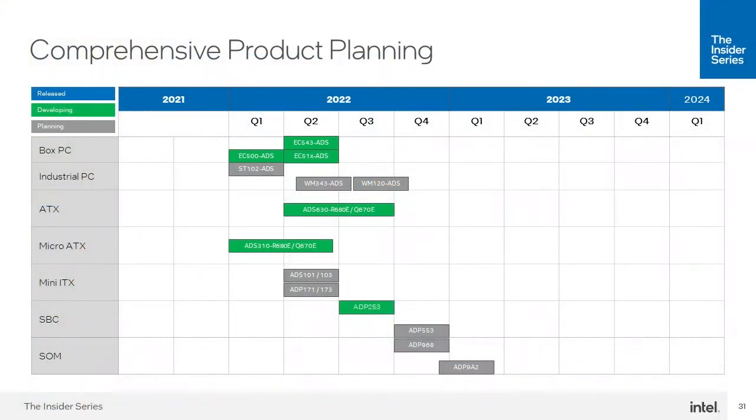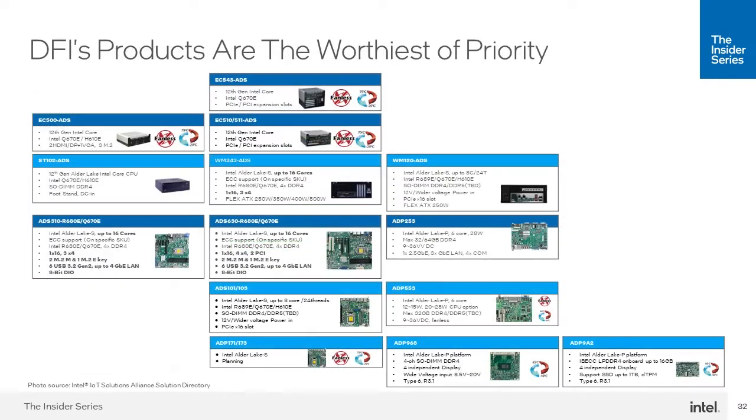From box PC, industrial PC, ATX motherboard, micro ATX motherboard, Mini-ITX motherboard, single board computer and system on modules, DFI has a comprehensive solution. In addition to the complete product line, this POC process also fully proves that DFI's products are definitely the most worthy of consideration.